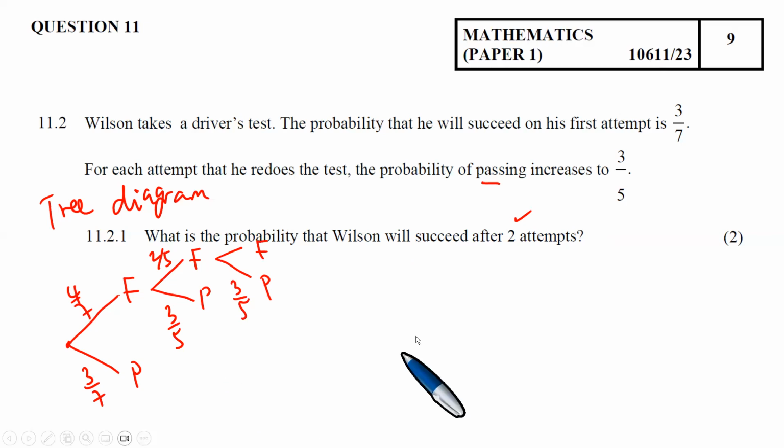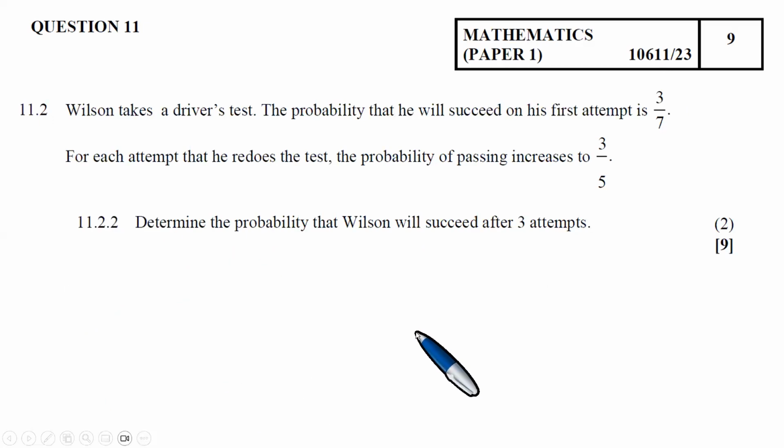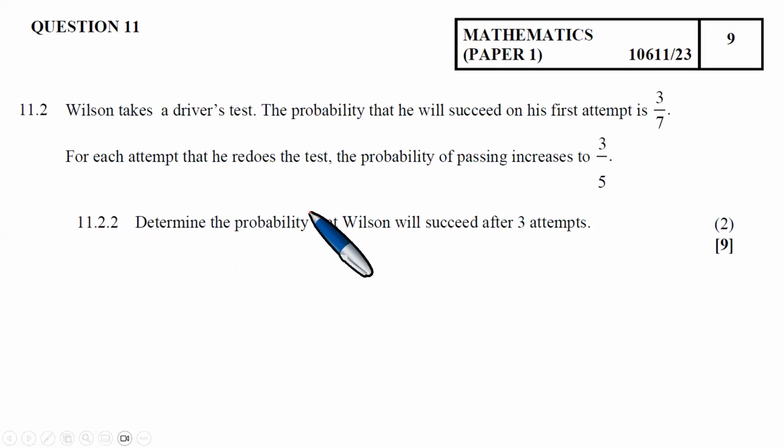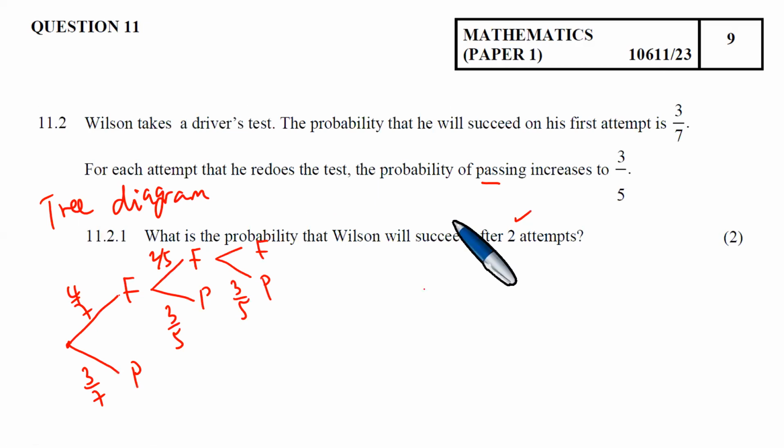Right, so we have this question: what is the probability that Wilson will succeed after 2 attempts? Let's look at this very carefully.